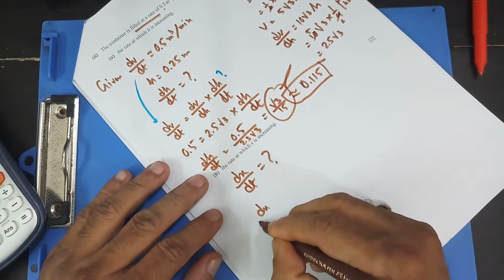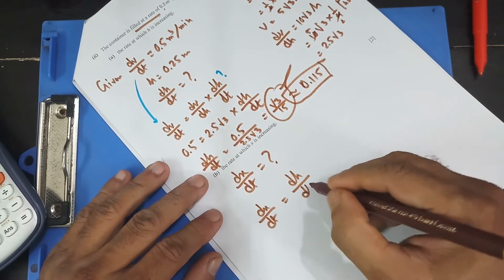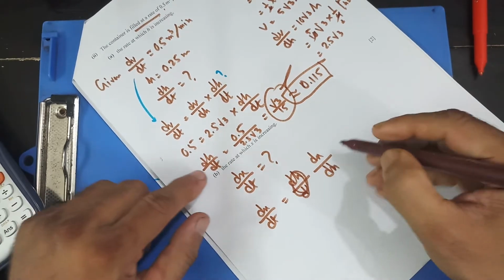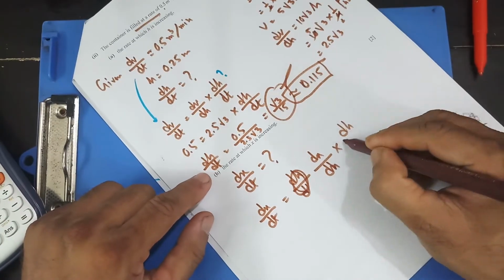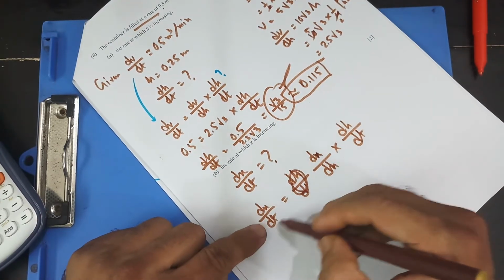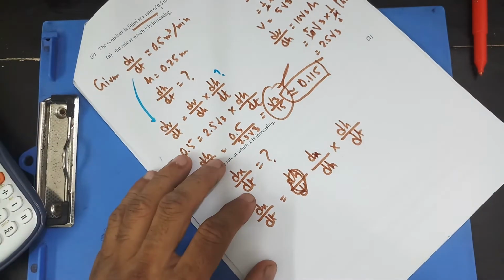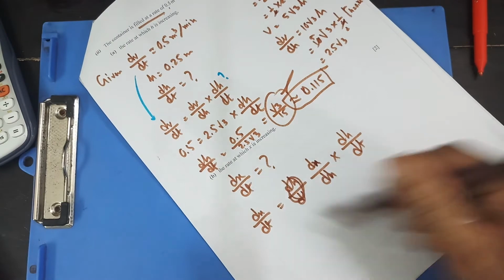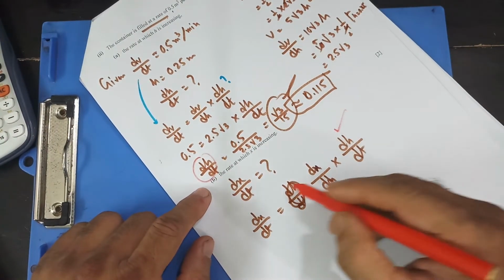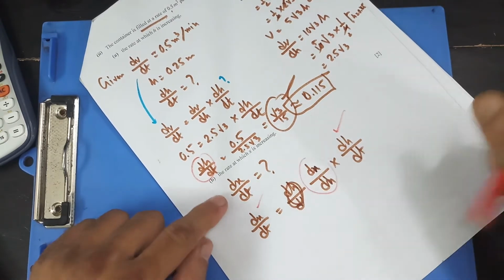Can I write dX/dt equals dX/dH times dH/dt? Now again, I have dH/dt here. I need to find dX/dt, so I have to know dX/dH.